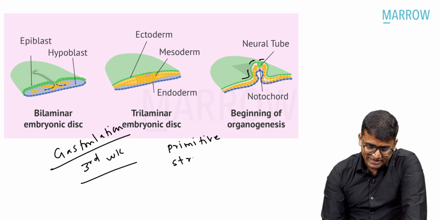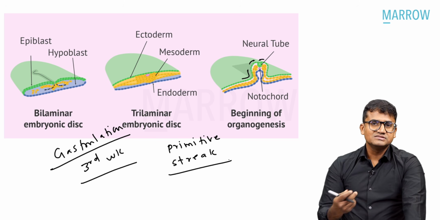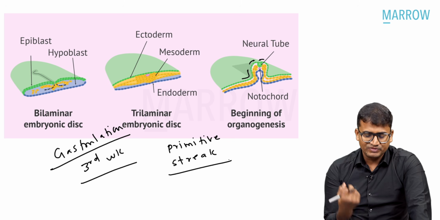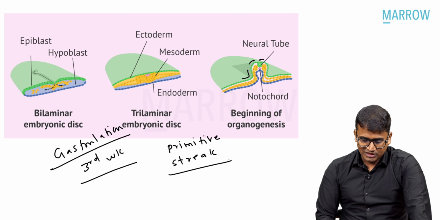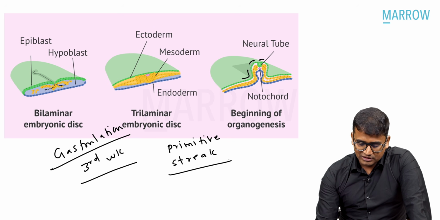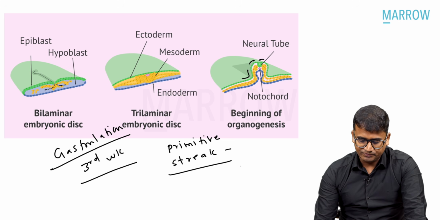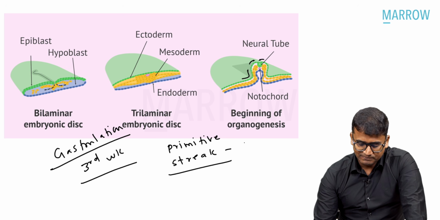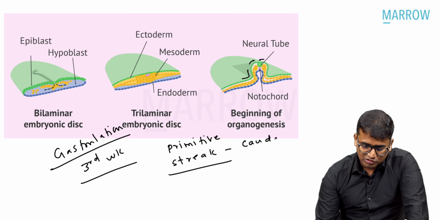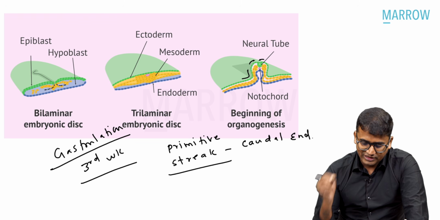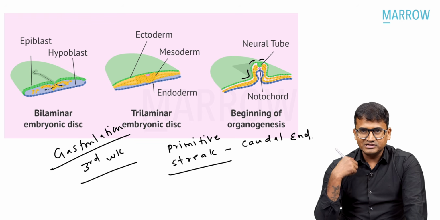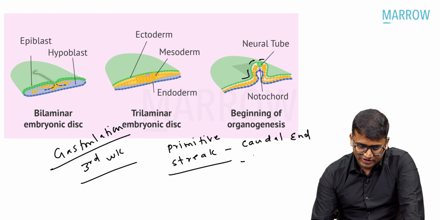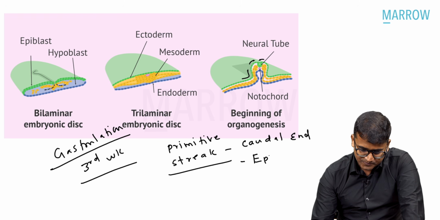Again, we got one question on primitive streak identification in the November exam. I told you to remember 3 points. The primitive streak is a structure formed at the caudal end of the embryo. It comes from proliferation of epiblast cells.